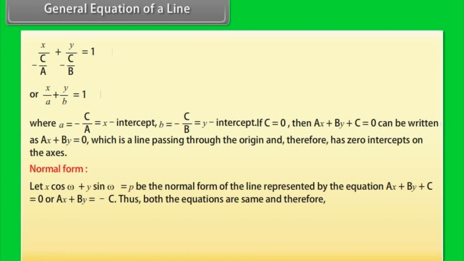Thus both the equations are the same, and therefore a/cos omega = b/sin omega = -c/p, which gives cos omega = -ap/c and sin omega = -bp/c. Now sin² omega + cos² omega = (-ap/c)² + (-bp/c)² = 1.